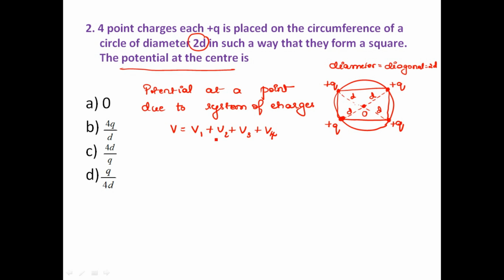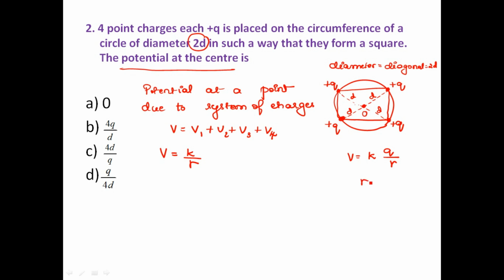What is the expression we have? It is V is equal to K into Q by R, right? So the total potential V will be equal to K by R, which will be the common.